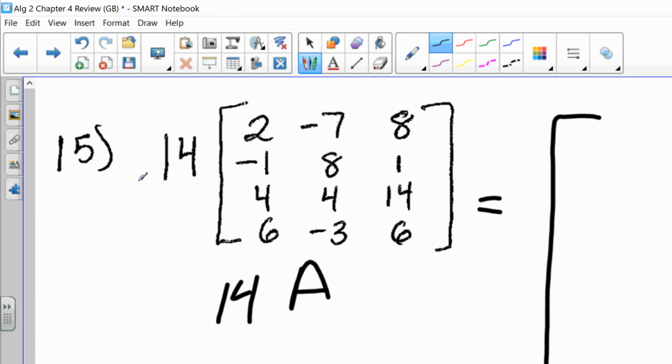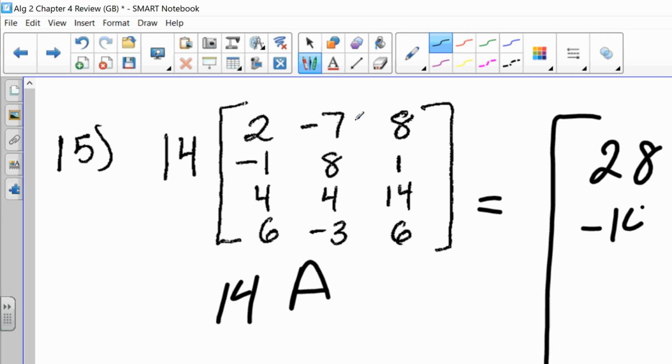Really what we're doing is multiplying every element in that matrix by 14. So 2 times 14 is 28. 14 times -7 should be -98. 14 times 8 is 112.